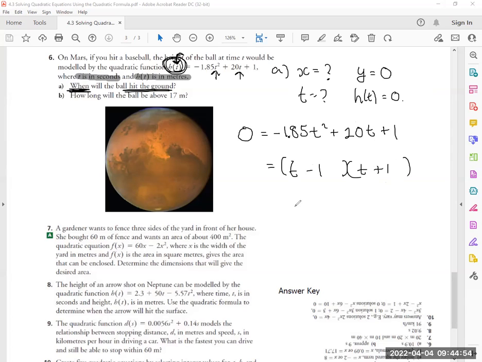I don't know, something random like that. Then you know time has to be plus 1 or time has to be negative 1. That's what we normally do. But again, we can't factor. So what do we do now? I'll say the little star: cannot factor.